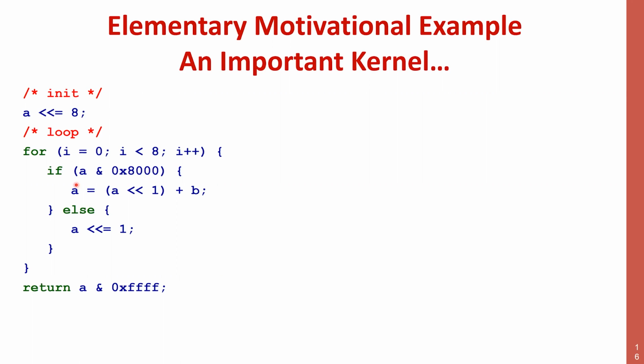So it tests 1 bit of A, and depending on that, it shifts A in any case, and maybe adds B. So A gets shifted every cycle, and depending on what happens to 1 bit of A, we add B or not. So if you think multiplication, this is multiplication.